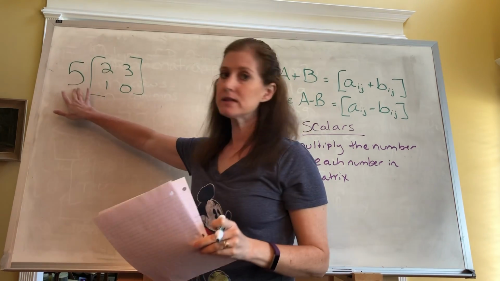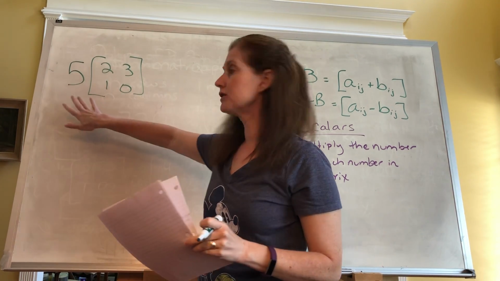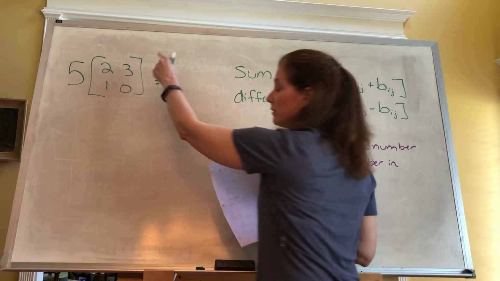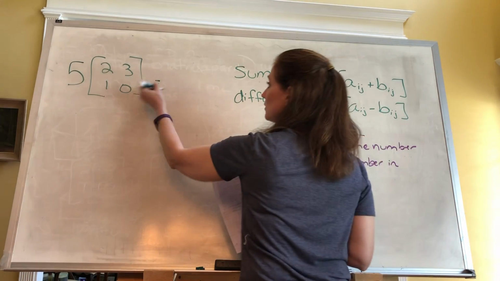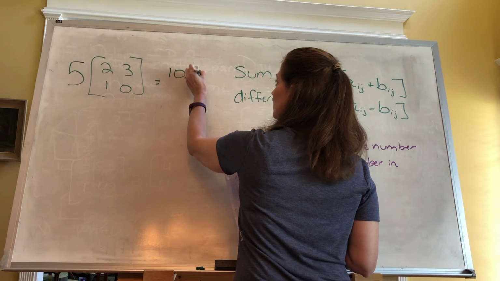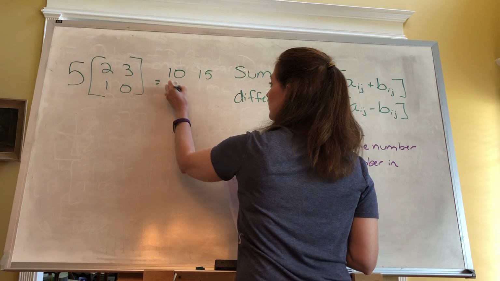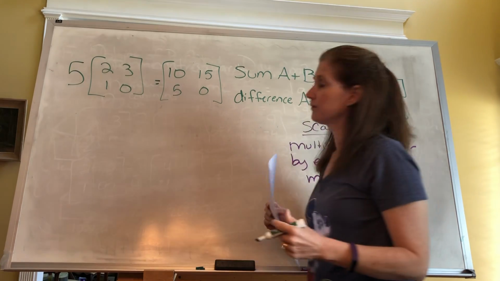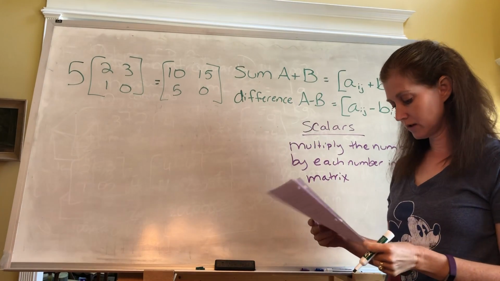Okay, so 5 is my scalar that I'm going to use to multiply this matrix by. And so all I'm going to do is multiply that 5 by every single number in that matrix. So my new matrix is 10, 15, 5, and 0. Okay, so that's how that would look.